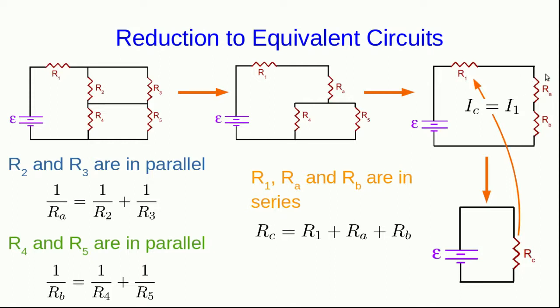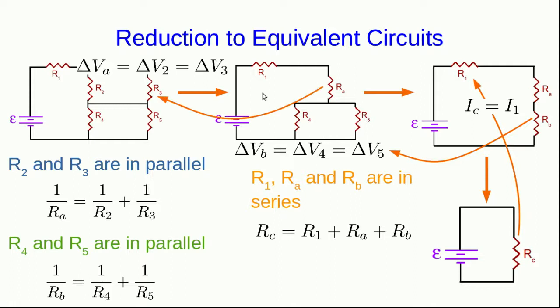Now, the potential difference across Ra is the same as the potential difference across 2 and 3, and the potential difference across Rb is the same as the potential difference across 4 and 5. So now we know those potential differences, and we can use Ohm's law to get the currents, and so on to do the same thing with resistors 2 and 3.